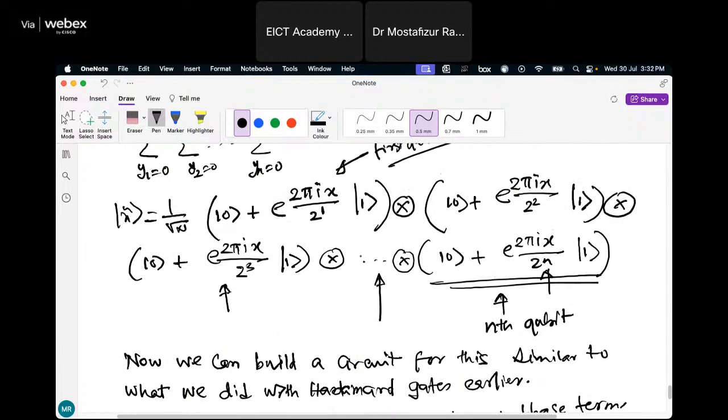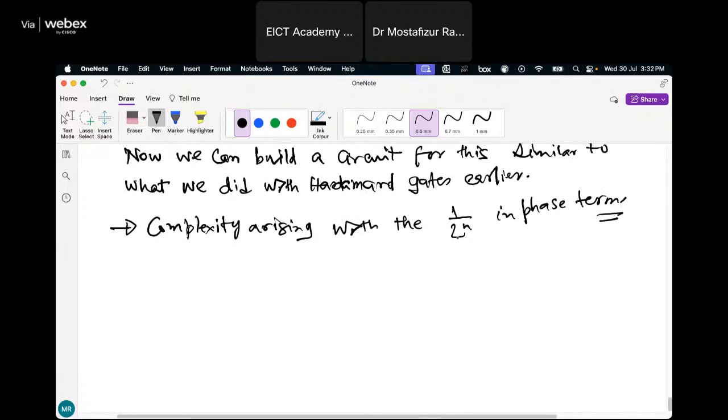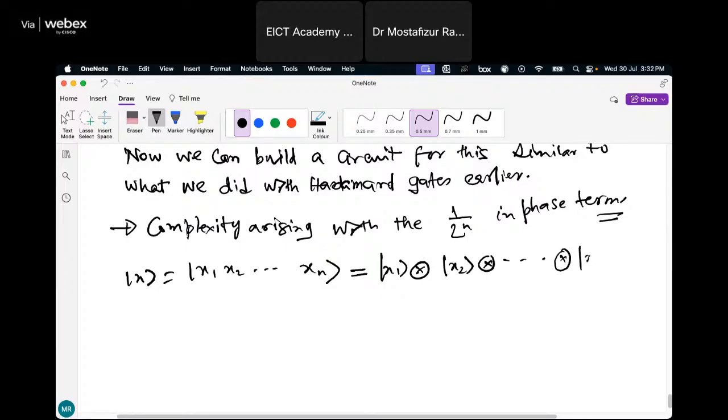You need certain phase gates as well, in a controlled manner, such that this equation obeys. Now suppose the representation of |x> is the bit string x1, x2 to xn. This is a bit string representation of x, and from the tensor product relation, we know this is |x1> tensor product |x2> tensor product dot dot dot up to tensor product |xn>, right? This is the simple representation.